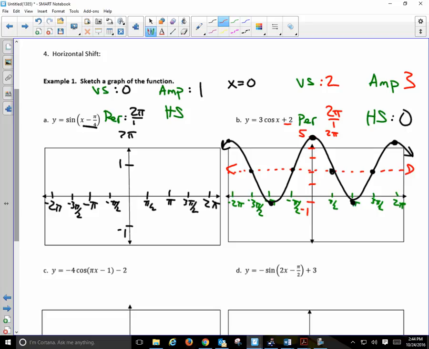And now I'm going to identify the horizontal shift. I take the inside and I set it equal to 0. What do you get? X is equal to pi over 4.